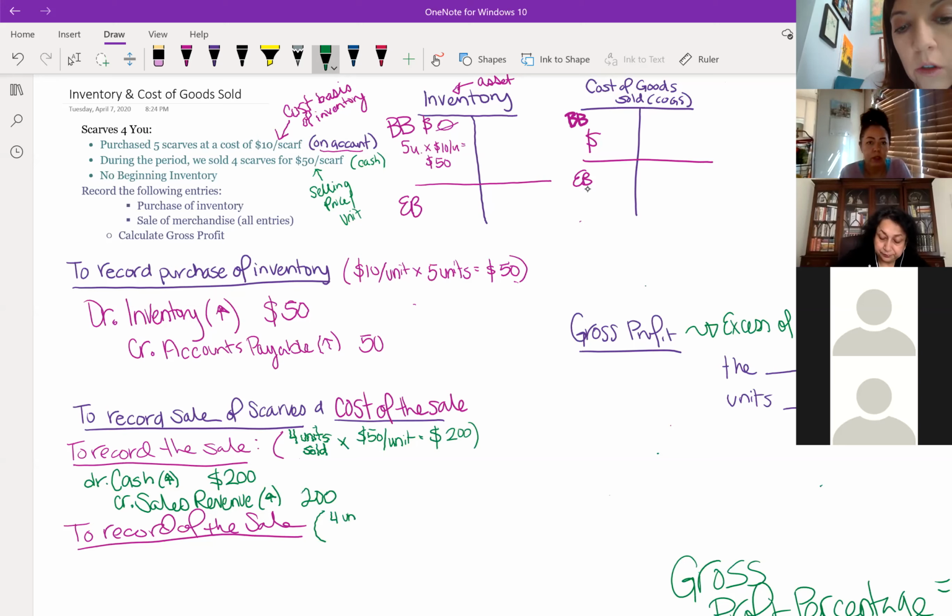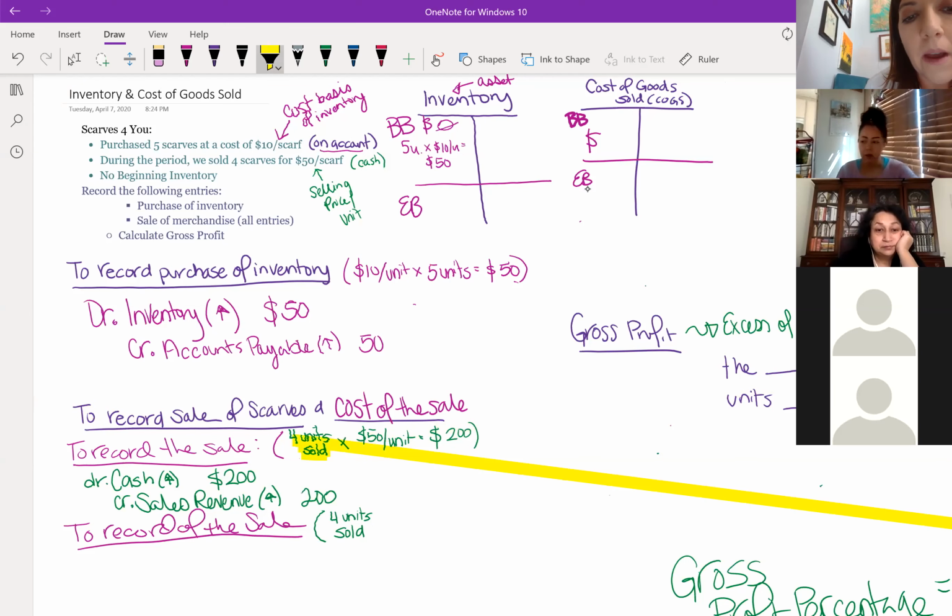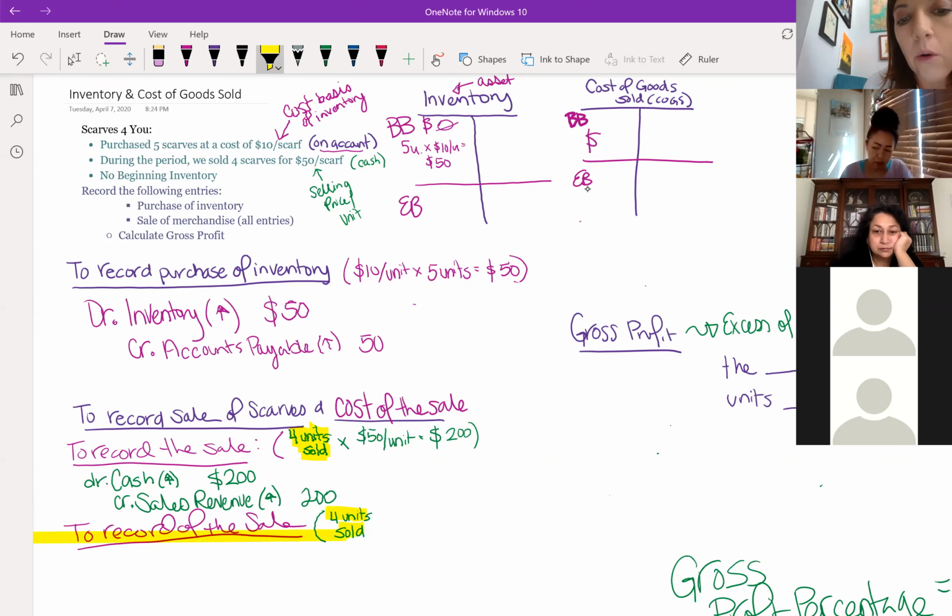Only 4 units were sold, so only 4 units are going to be expensed as cost of goods sold. This is key. And later on in the chapter, when we get into the different methods, this is the part that confuses most people.